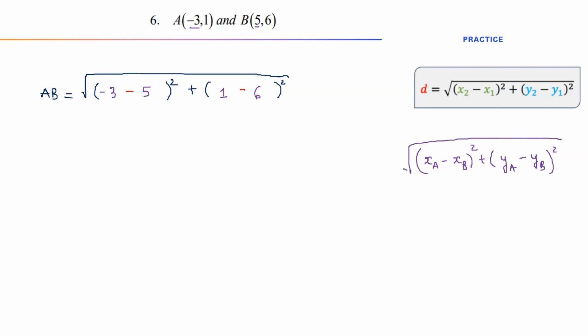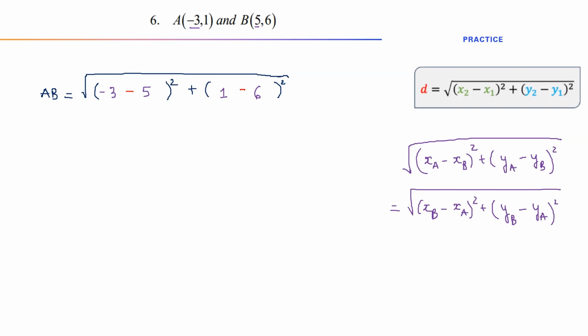That will give me the same as the x of B first, minus the x of A, square, plus, because you start with B, you have to start with the y of B as well, minus the y of A, square. So that is equivalent, because we just care about the distance. Anyway, we will square, so the negative inside doesn't matter.